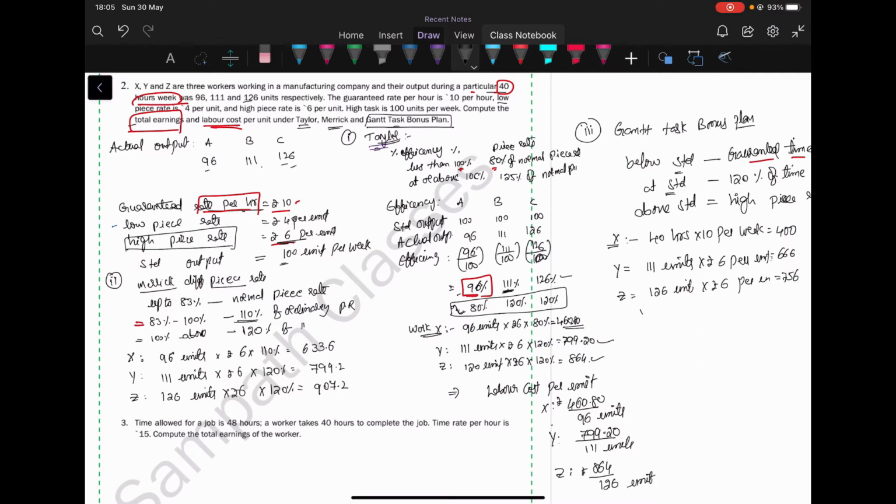So I can say labor cost per unit: 460.80 divided by 96, that is 4.8 labor cost per unit.